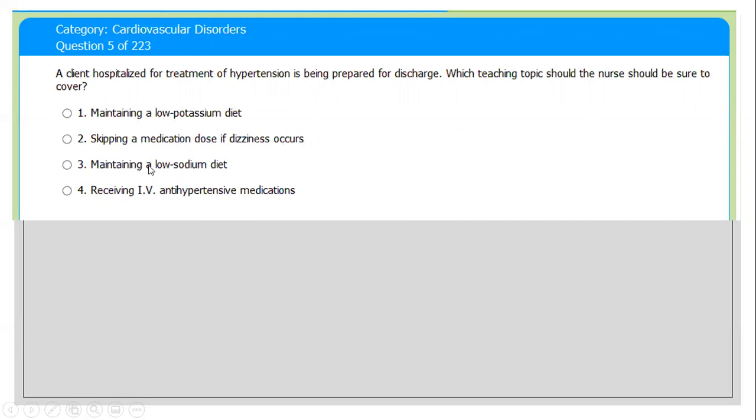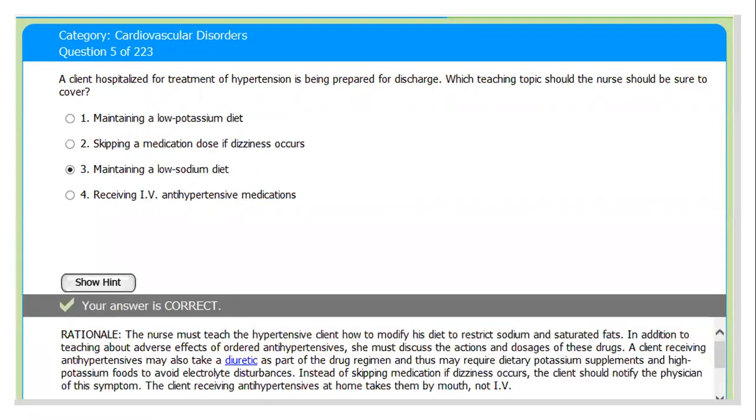Number three, maintaining a low sodium diet. And number four, receiving IV antiarrhythmic medications. If students have common sense, they should answer this question, right? For hypertensive patients, what you educate them about includes number three, maintaining a low sodium diet.